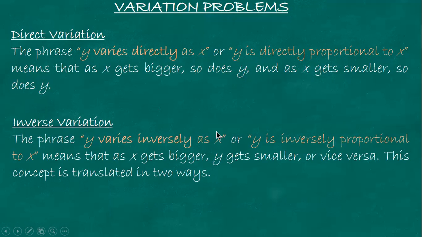Ang ikaduha is inverse. Inverse variation. So the phrase y varies inversely as x or y is inversely proportional to x means that as x gets bigger, y gets smaller or vice versa.